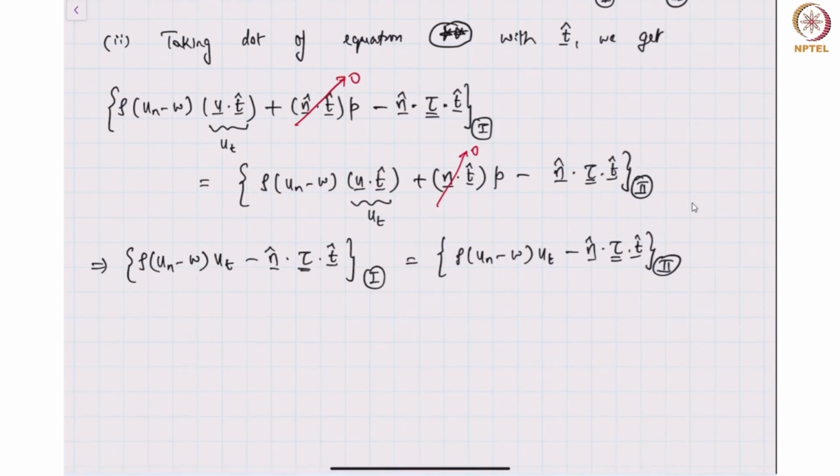But we also know from the jump conditions that we have derived from mass balance a simple relationship: density rho times (un minus w) over region 2 is the same as over region 1.